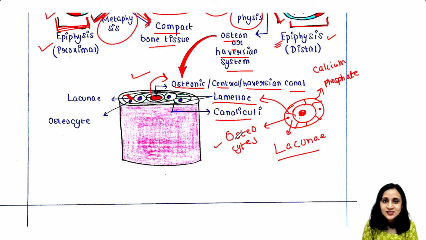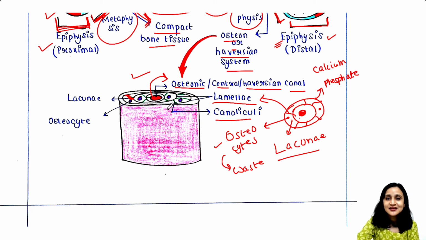And these osteocytes, they release some waste materials because they are cells, and those waste materials are also going toward the osteonic canal where the blood vessels are there, and these things are happening by the help of these canaliculi.